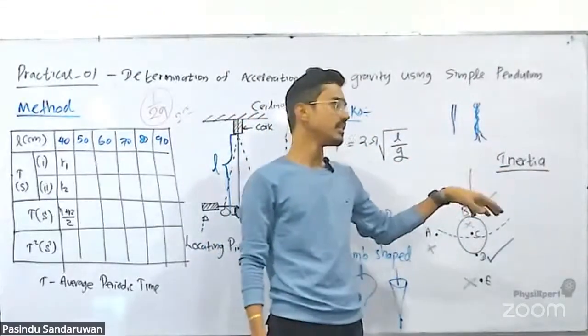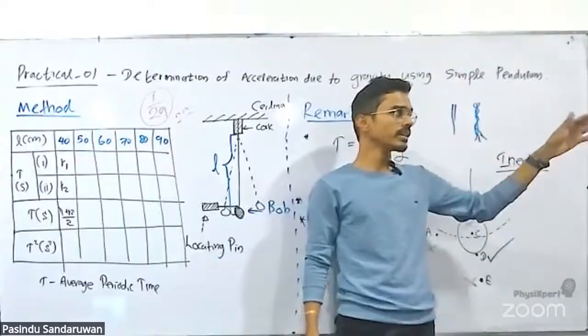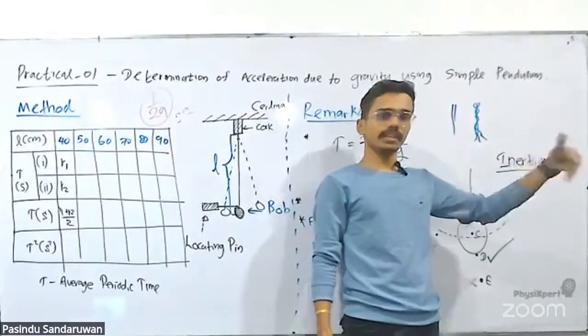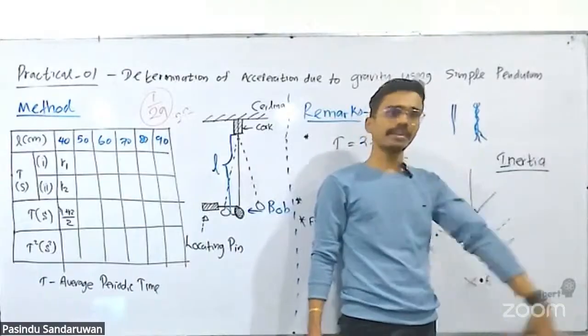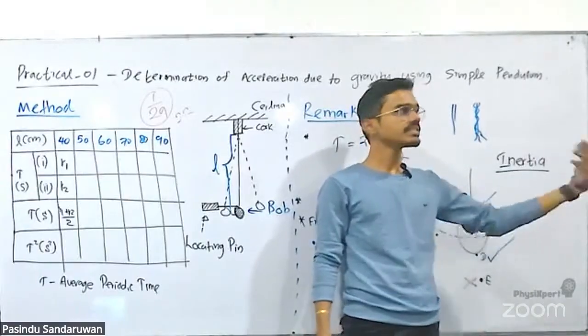Objects which are moving are always trying to keep moving. An object which is at rest tries to keep at rest. That reluctance is called inertia.